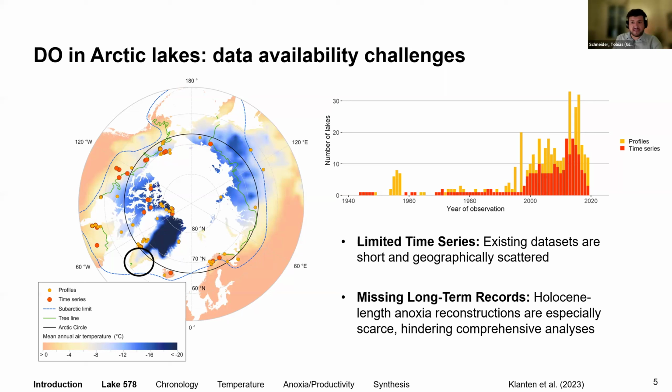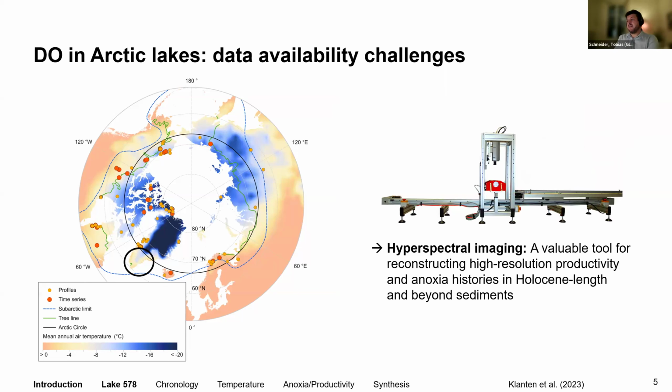And there are different proxies that we could use, for example, biological proxies such as assemblages of algae, or chemical proxies such as redox conditions that we can use to reproduce anoxic conditions, or now also hyperspectral imaging techniques that allow us to disentangle different pigments that are being produced by, for example, anoxic bacteria that thrive in anoxic conditions.